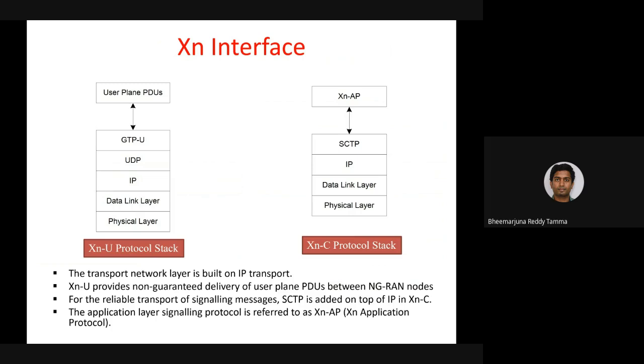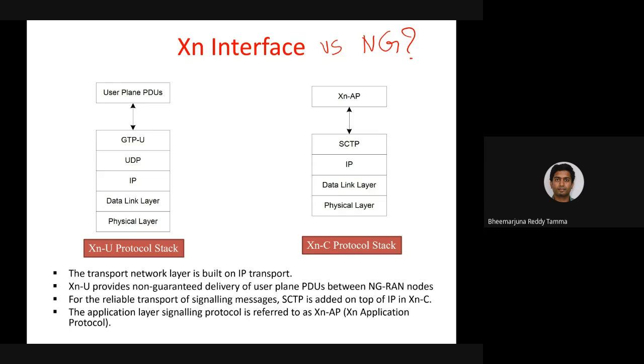So the second interface that we have is the Xn interface, which is between multiple base stations. And if you look at the illustration, tell me what you notice and how it is same or different from the NG interface. Compare this interface with what I was showing you before I discussed SCTP.